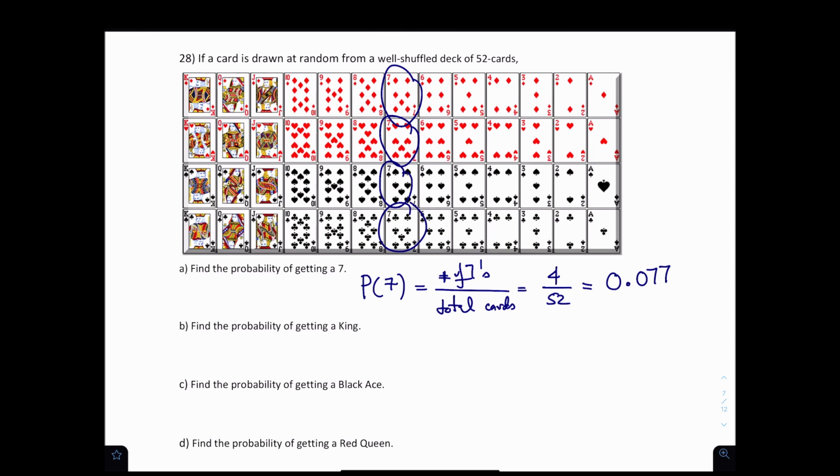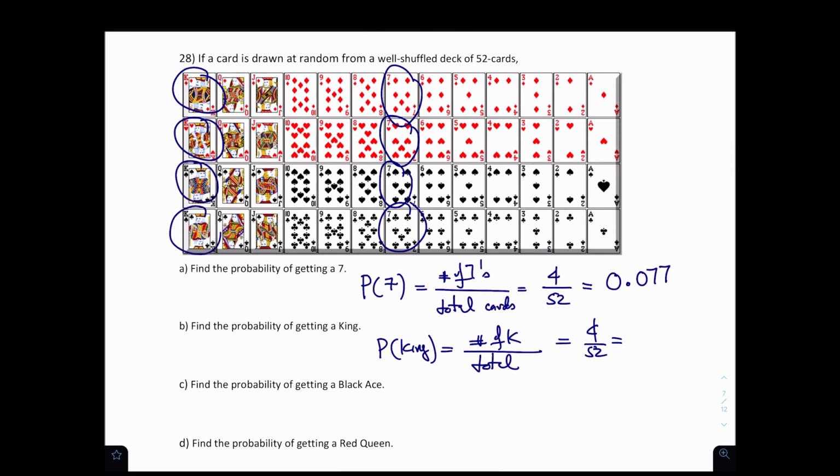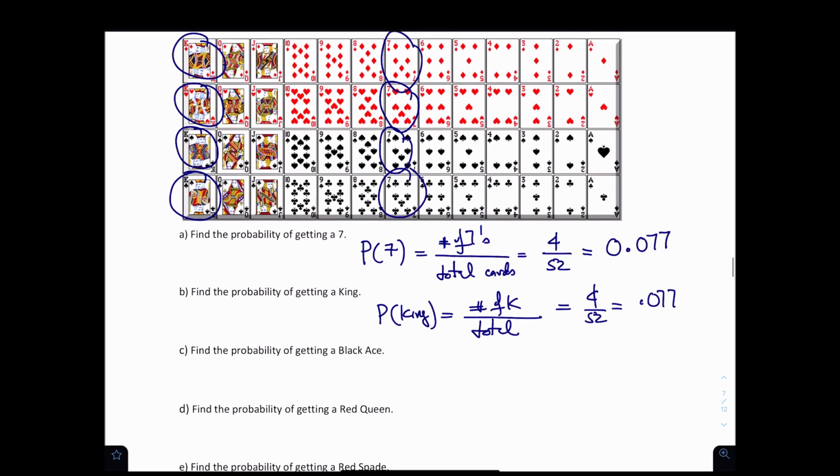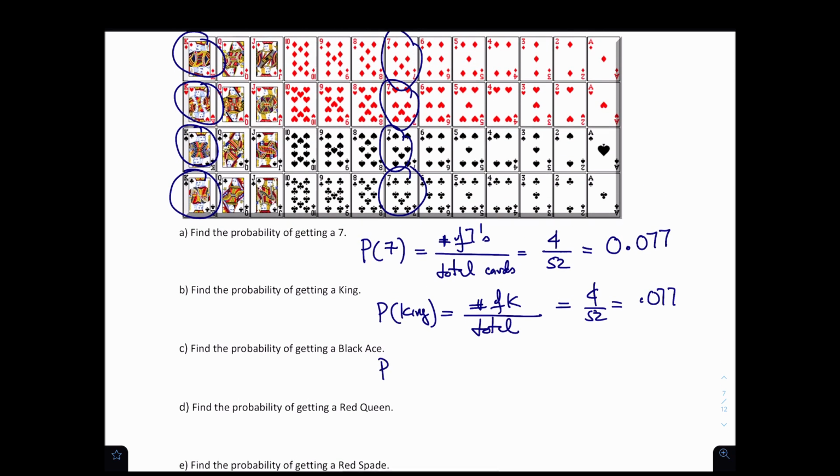What's the probability of getting a king? Same thing, number of kings divided by the total number of cards, which is 4 out of 52 again, because there are 4 kings and 52 cards. And it's 0.077. Find the probability of getting a black ace.